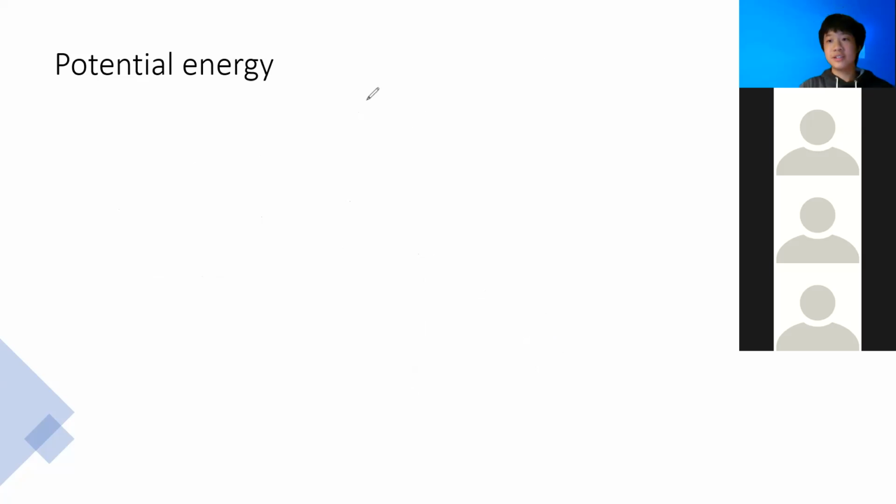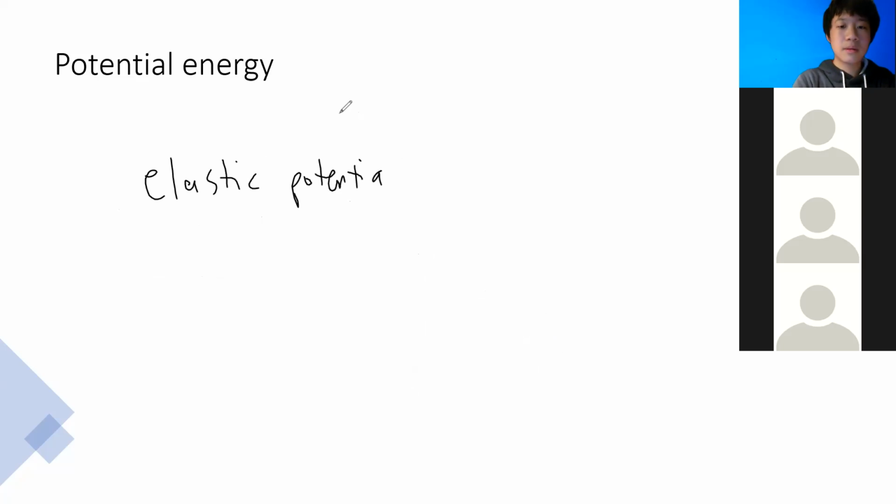All right, so now we have other types of potential energy as well. We can have electrical potential energy, stored energy in batteries and stuff like that. And a common one we use is called elastic potential energy. Okay? So what is elastic potential energy? Elastic potential energy is the energy stored in springs or stretchy objects. Because if you were to have a spring, right?